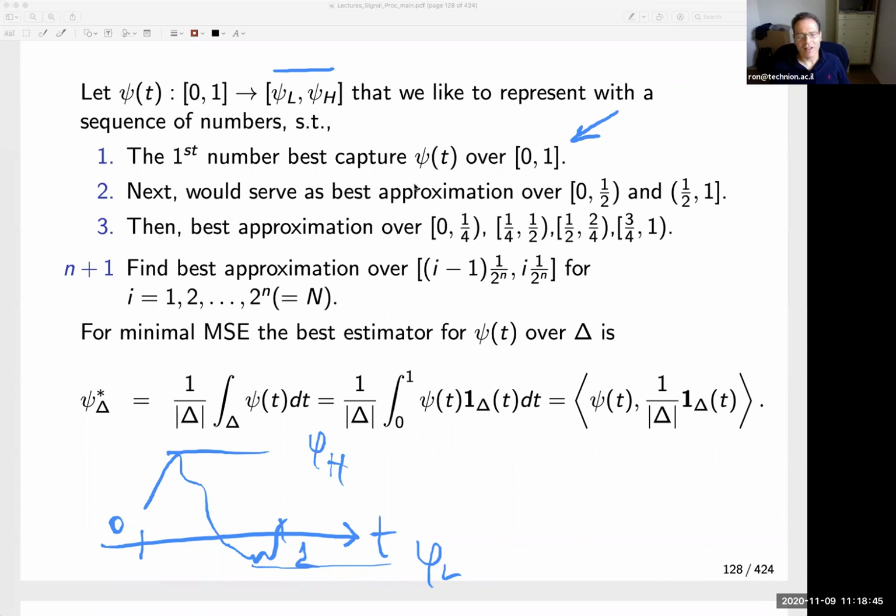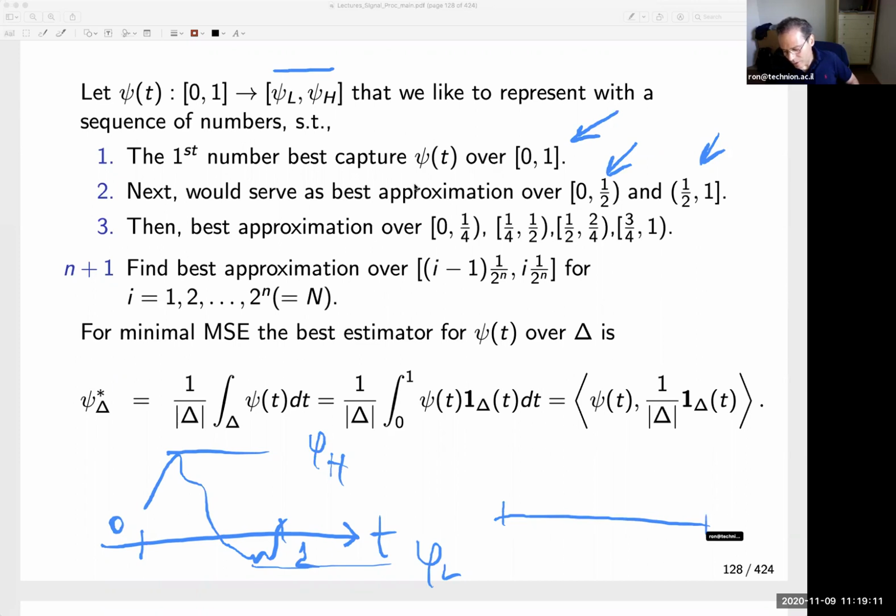Now, this is an assumption that I will not break so soon, but it makes sense. Then what we would like to do is choose another number that would best approximate my function in these two intervals. Assume that somebody is giving me two numbers to represent my function.